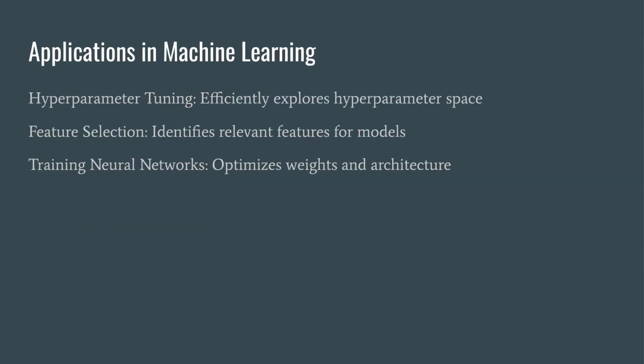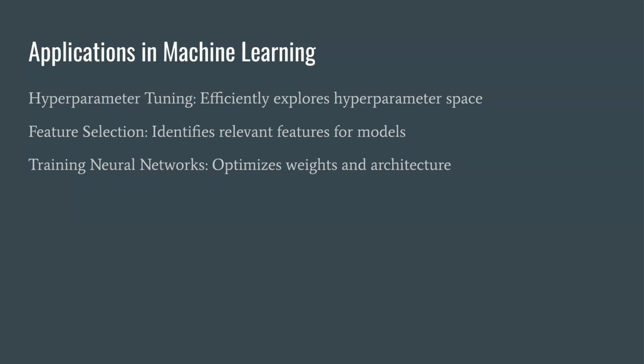Applications in machine learning. Randomized optimization techniques have various applications in machine learning. They are particularly effective for hyperparameter tuning, efficiently exploring the hyperparameter space to improve model performance.